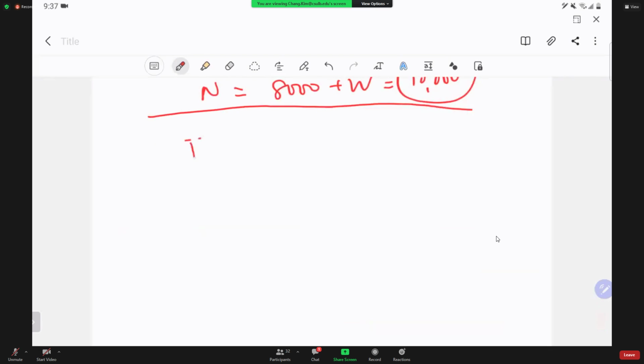So it's going to go through T1 plus U13 is equal to T3.